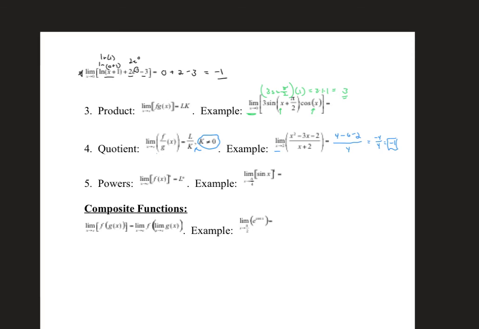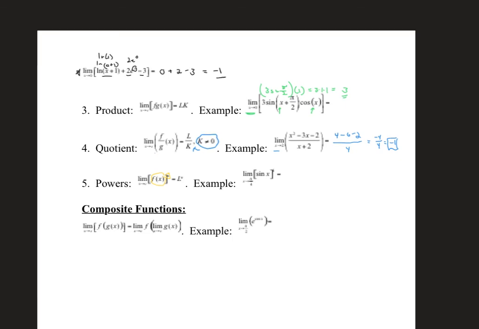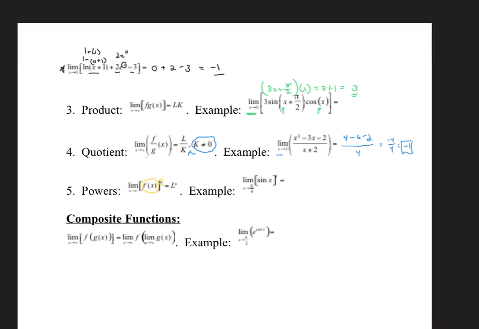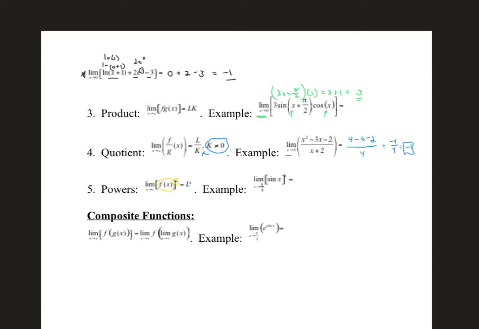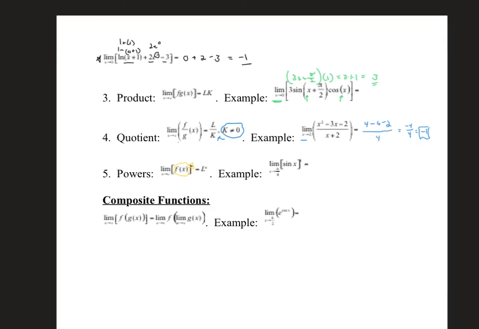And if we have powers, again, we're going to take the limit of what's inside and then raise it to that power. That's pretty hard to read on mine. I'm not sure what that power is. I'm going to pause it and look it up and come back. That is supposed to be a 4th power there. So as x goes to pi over 4, we're going to get the sine of pi over 4 and then raise that to the 4th power.